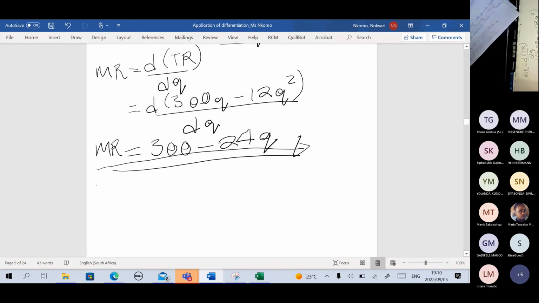Remember, we said the average cost is equal to the marginal revenue over Q, right? And we have the marginal revenue and we know Q.